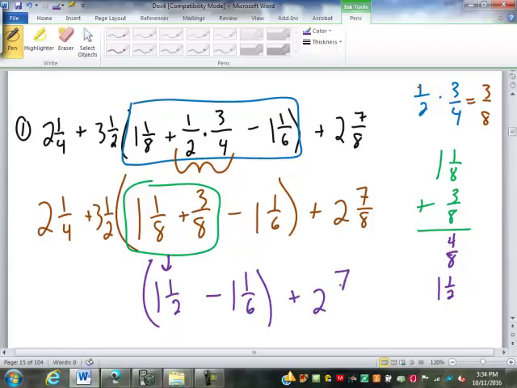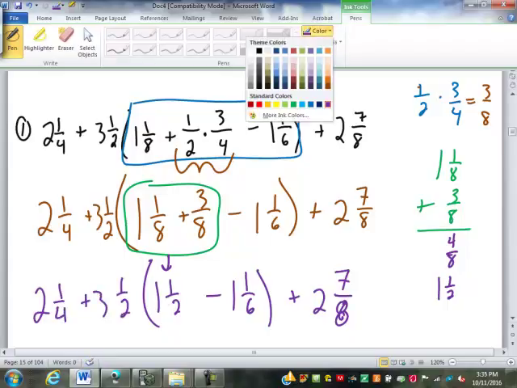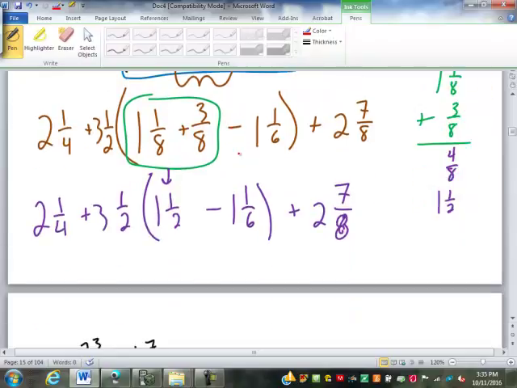And now, of course, there's only one thing left to do inside the parentheses, and that is the subtraction. So we have 1 1/2 minus 1 1/6.